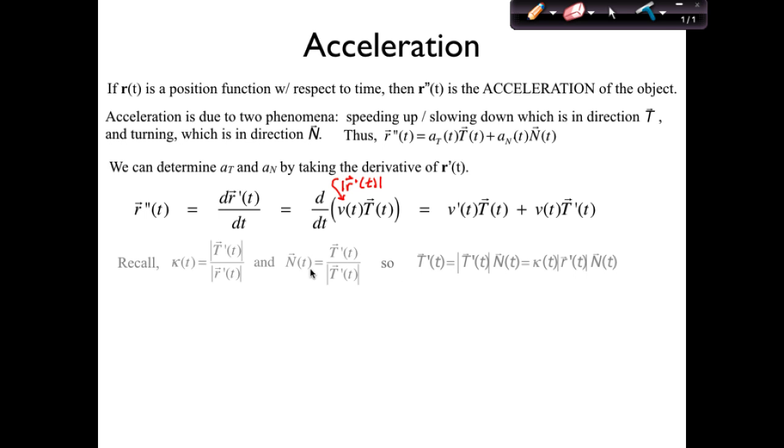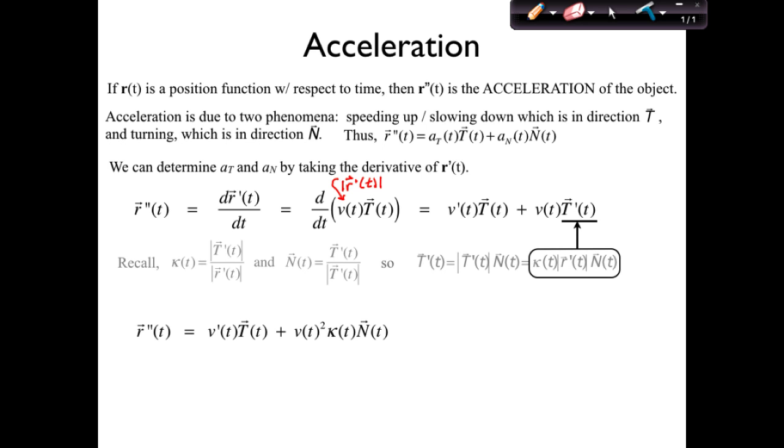T prime is that times that. Right, and then the magnitude of T prime is kappa times the magnitude of r prime. So I'm just combining these to solve for T prime in terms of kappa, r prime, and N. So therefore I'm going to plug that into T prime. And then we have it.